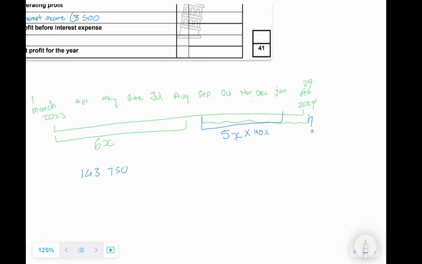143,750. Now we are going to make an equation. Before we make an equation, I want us to simplify the amount for the months that have an increase. It says here 5x multiplied by 110%. Now it's going to be 5x multiplied by 1.1, because 110% equals 1.1 when you simplify it.